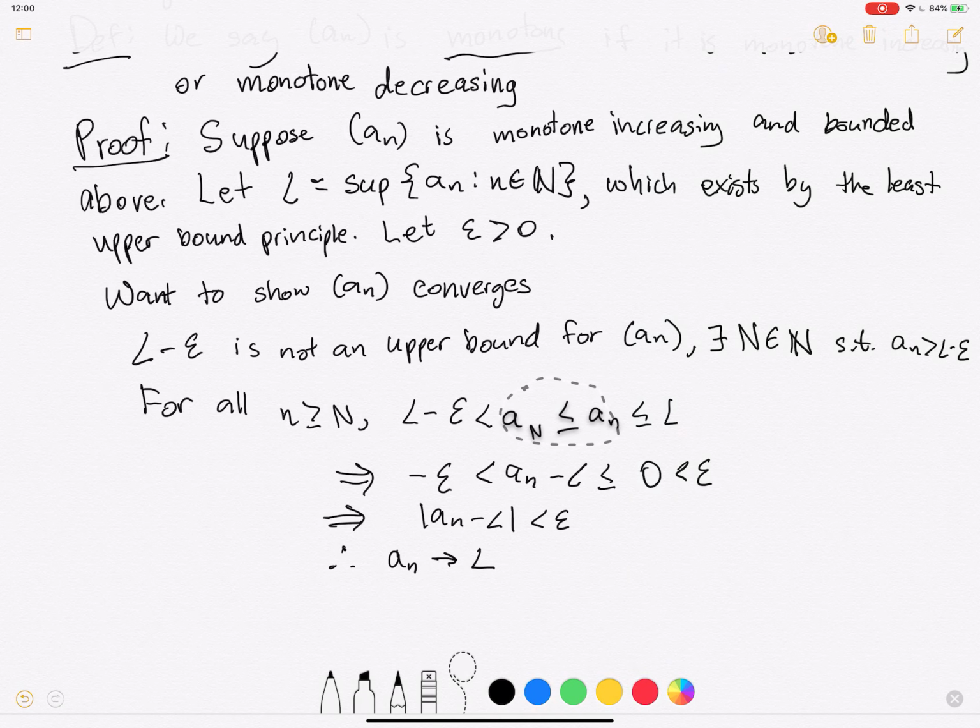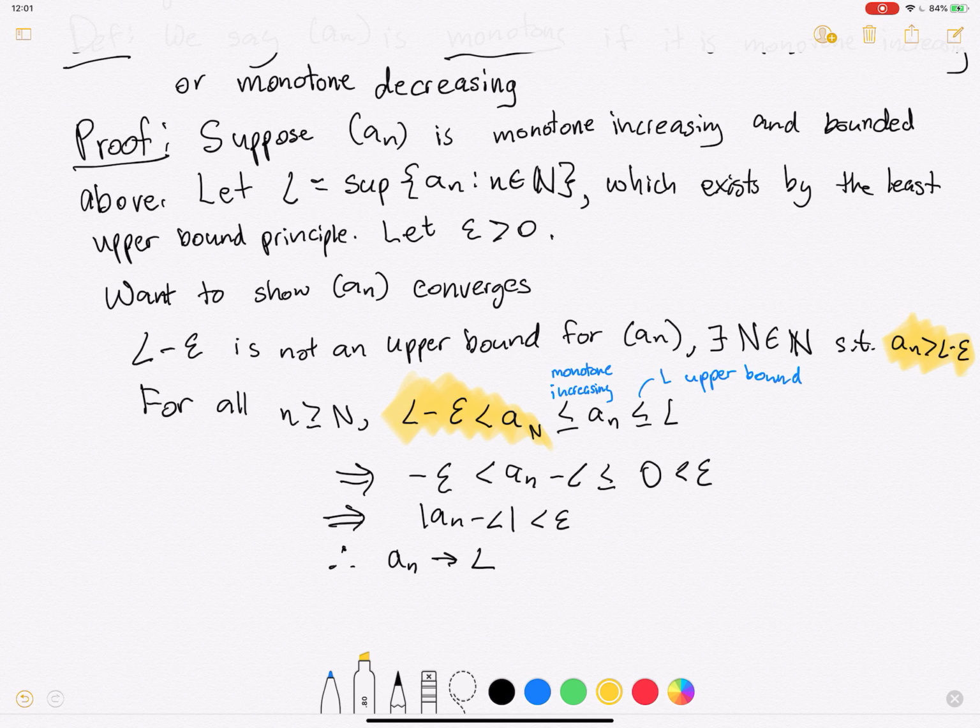So this is from monotone increasing. And this last inequality is because L is an upper bound. And just so we associate this inequality with this one, that's where that comes from.